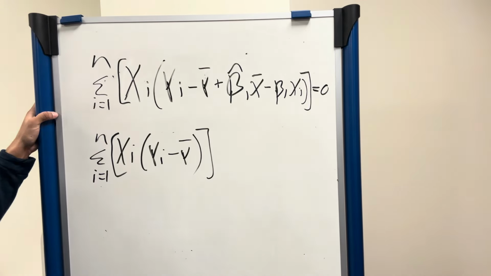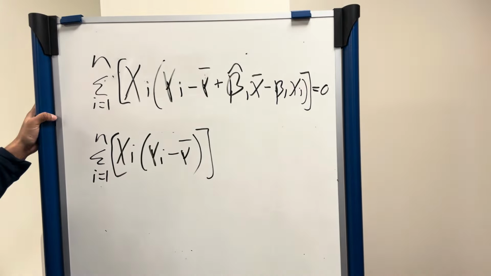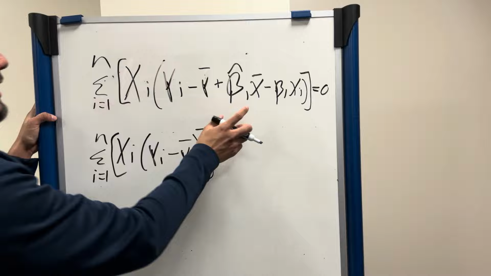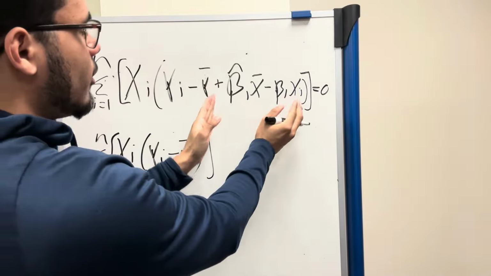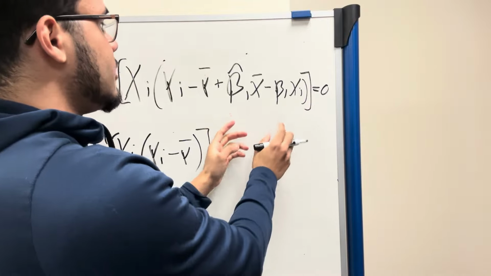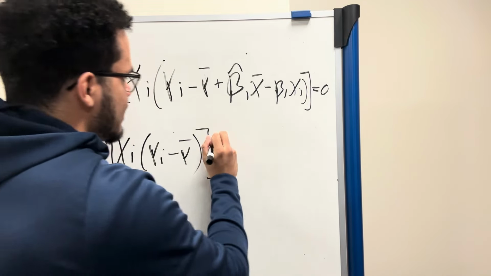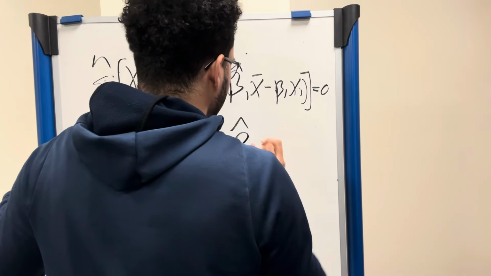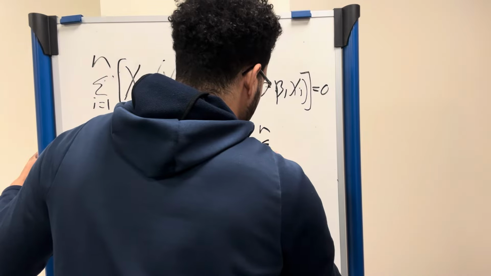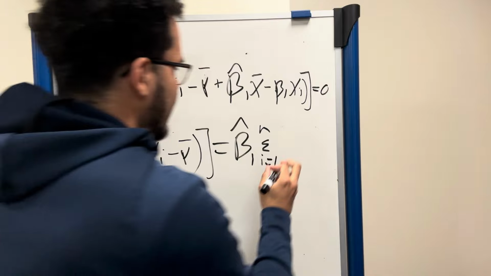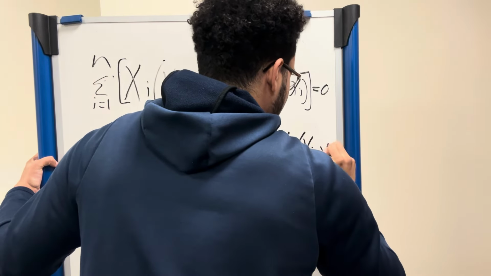And I'm also seeing xi's and x bar, right? So if we factor the beta 1 hat to the outside and move that whole part to the right, because there's 0 over here, we could just essentially move that over there to make it just this equals this. We have beta 1 hat, and then we factor out the beta 1 hat and get the summation, and then xi times xi minus x bar.